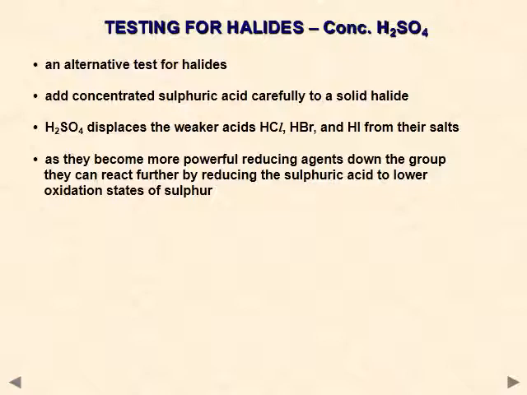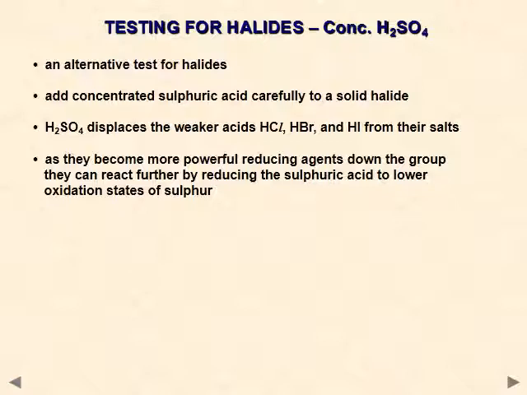These hydrogen halides also have reducing powers, and sulfuric acid has an oxidizing power. So sulfuric acid is a strong oxidizing agent, but HCl is not a good reducing agent, so both of them do not react any further. But in case of HBr, HBr is a powerful reducing agent and sulfuric acid is a strong oxidizing agent.